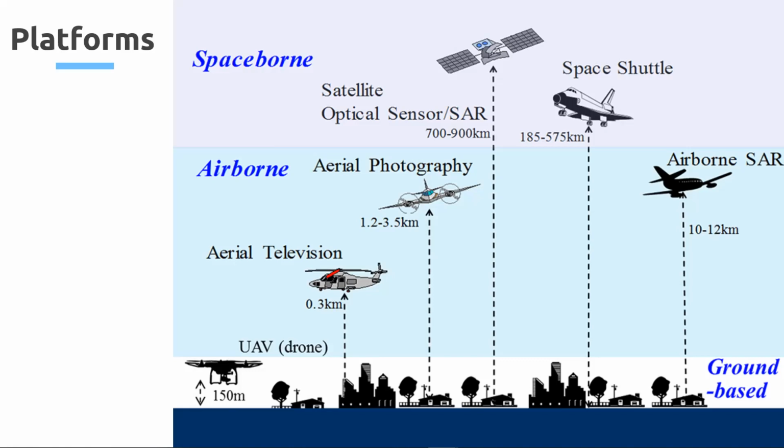There are a lot of different platforms. The most common one, like I said before, is satellites. But in this diagram, we can see UAV drones, helicopters, and airplanes do it, sometimes at different elevations. The space shuttle does it. People even take this imagery from the International Space Station. So in a way, we could even consider that a platform.